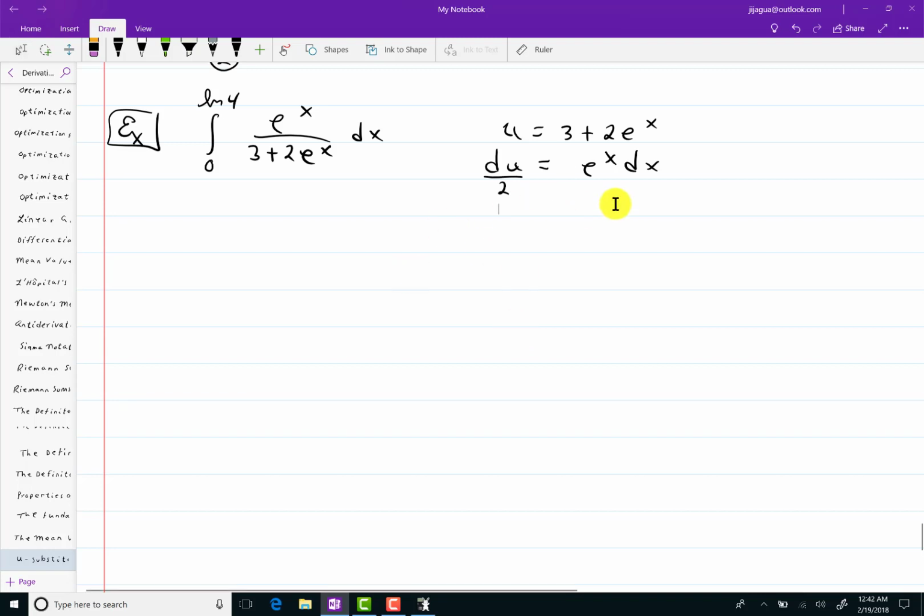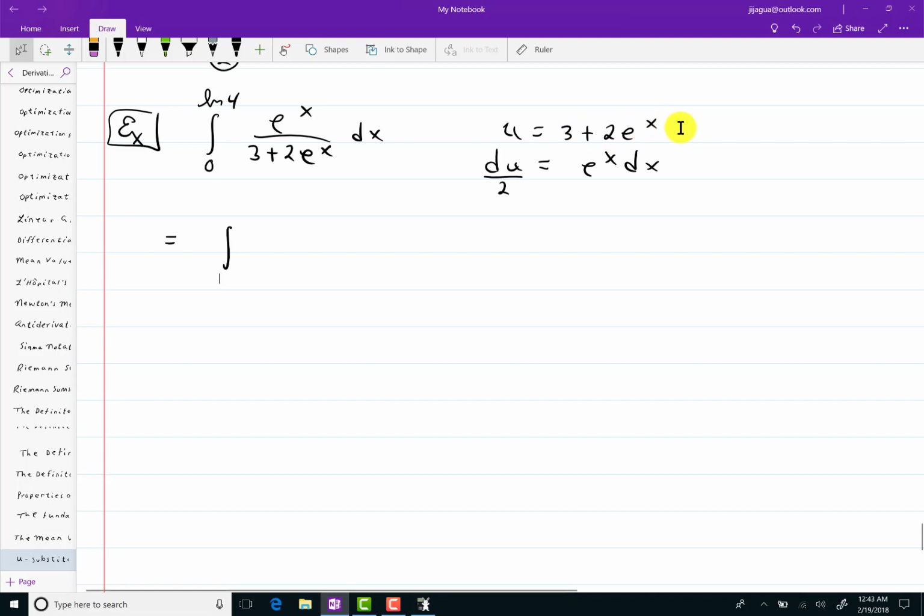And now I see I have a perfect e to the x dx for that portion, and I have a u in the denominator. So this equals the integral, now let me throw in my numbers. If I throw 0 in for x, I'll get 3 plus 2e to the 0.